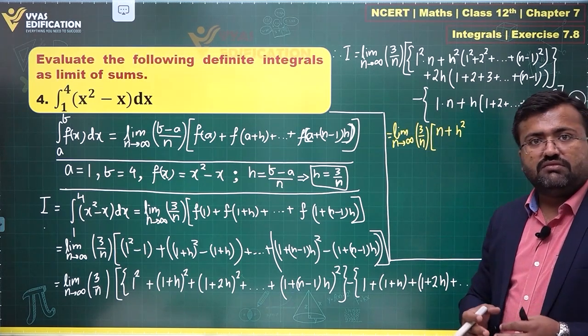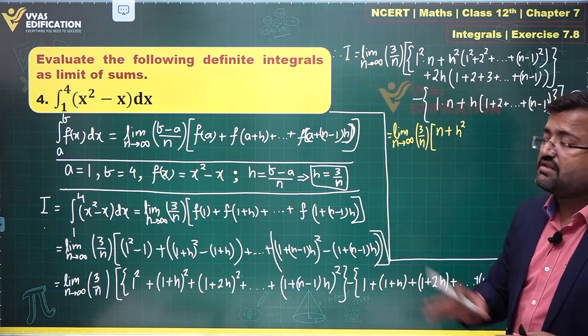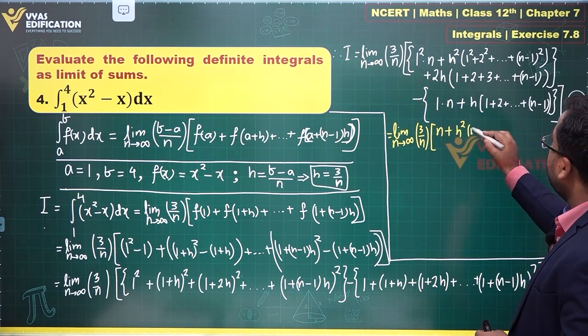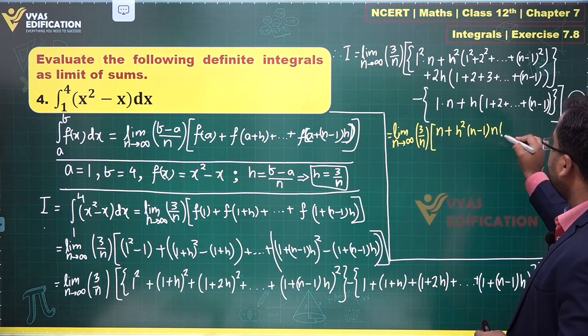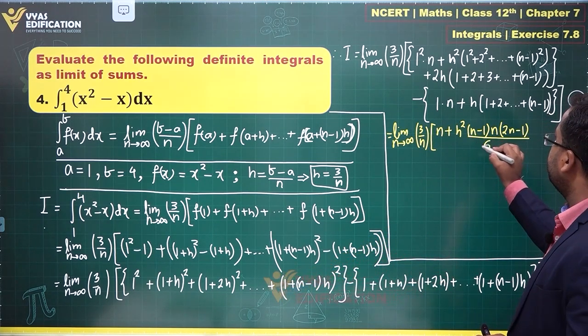So the sum of squares up till n is equal to n times n plus 1 times 2n plus 1 upon 6. This will be up till n minus 1, that will be n minus 1, n minus 1 plus 1, 2n minus 2 plus 1, which is 2n minus 1 over 6.